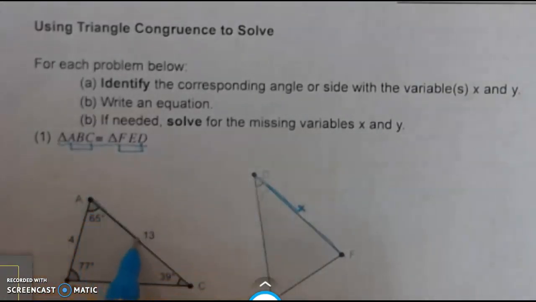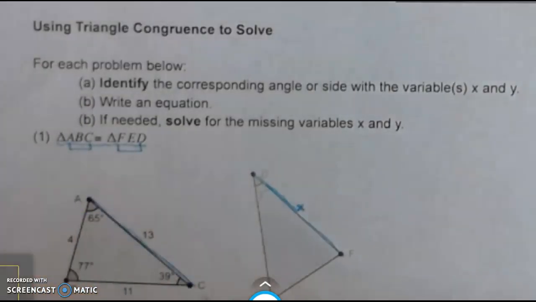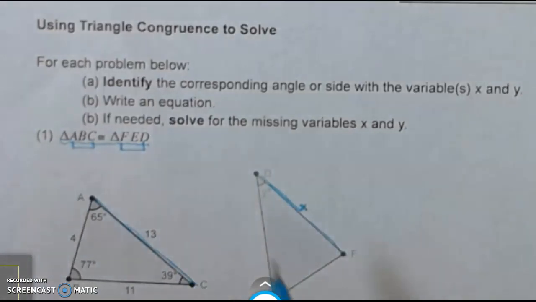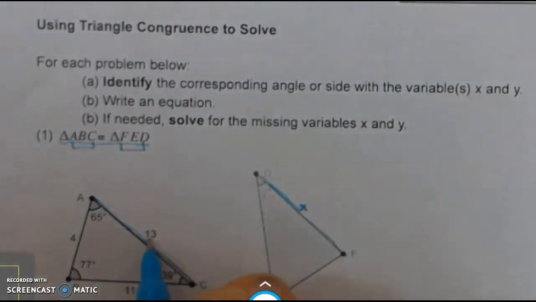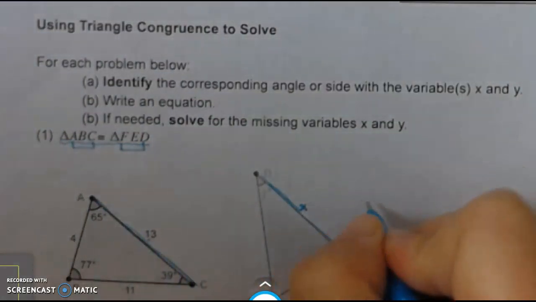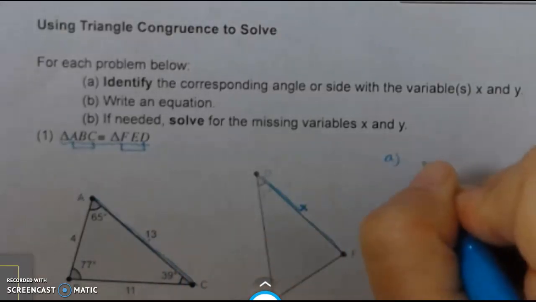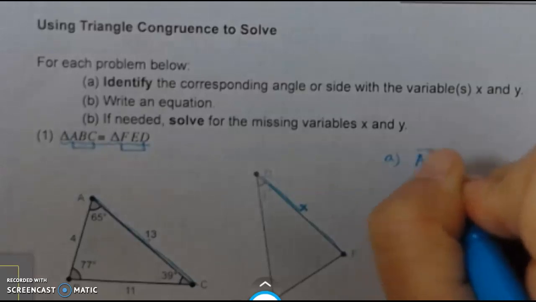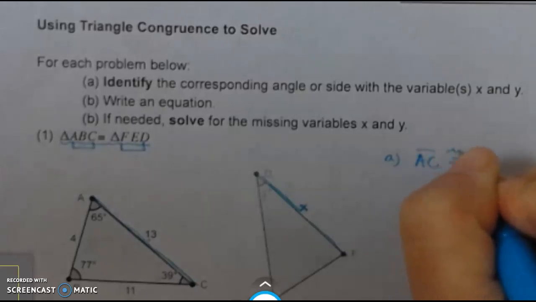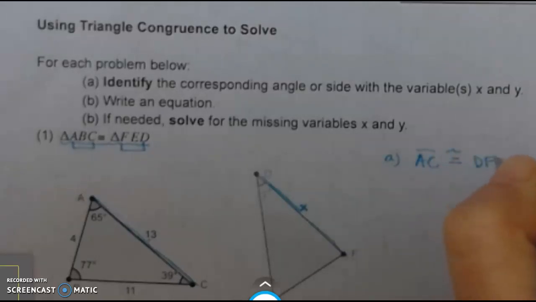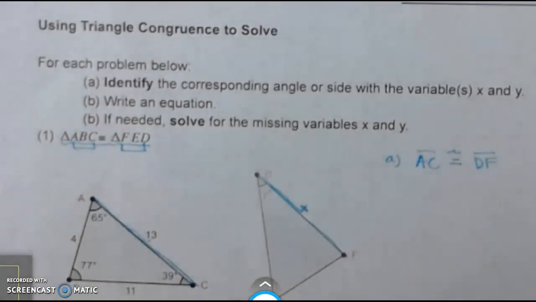AC is right there. Okay, so these 2 sides are congruent. So I know that x and 13, they're going to have the same measure. So first part is I know that AC on the left triangle is congruent to DF. That's what I need to write first.